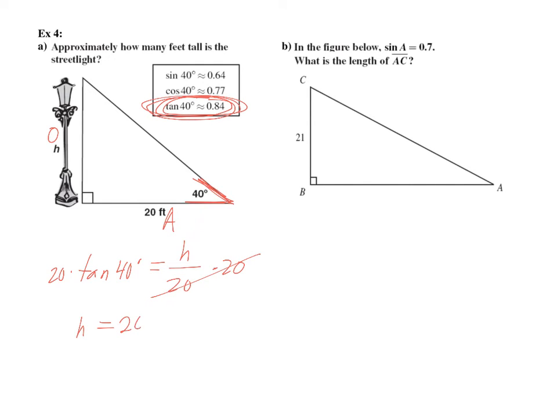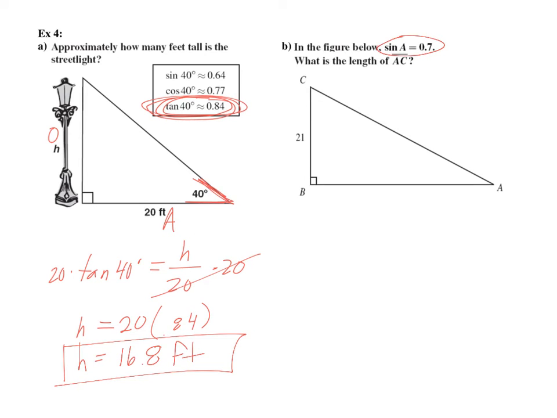So I'm going to use what they give me, 20 times 0.84. And then you could work that out by hand. So what do you get? 16.8. In this case, feet. There's your height. Done.